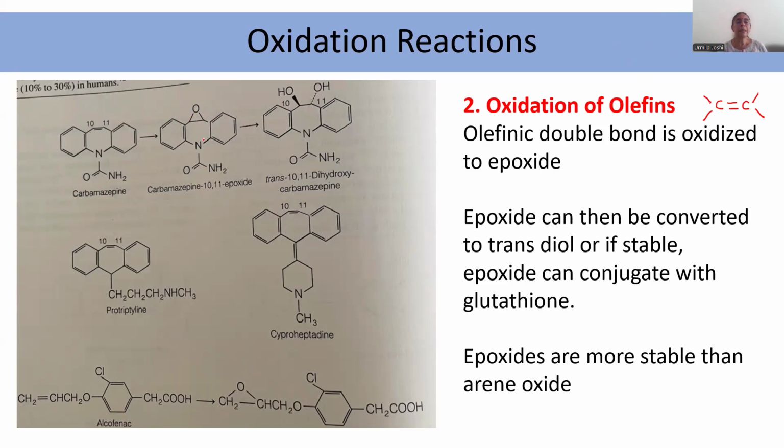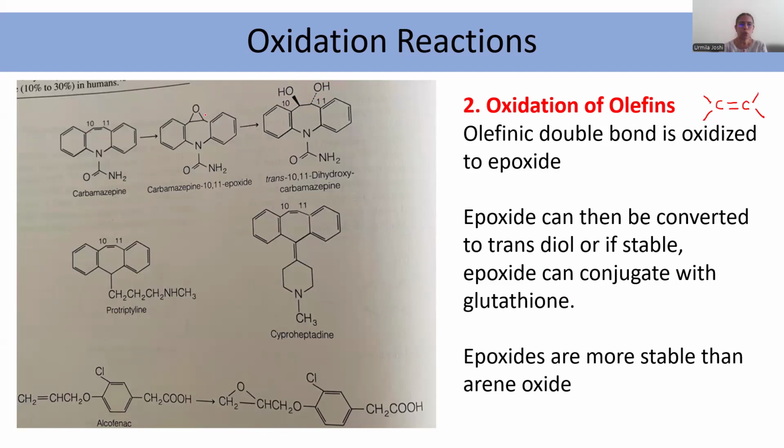Some of the epoxides are stable, and such epoxides directly conjugate with glutathione as a phase 2 reaction. But most of the epoxides are broken down. Now, when an epoxide is broken down, you know that a trans 1,2-diol is formed.